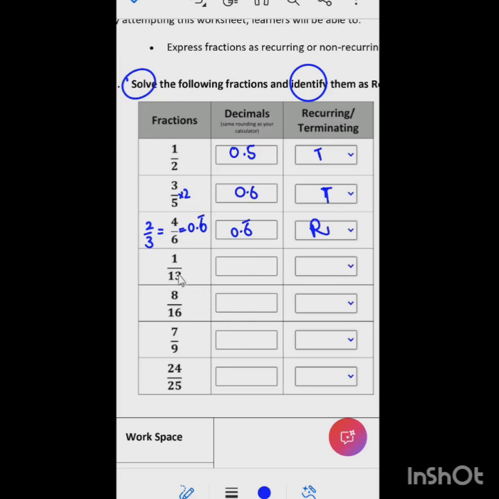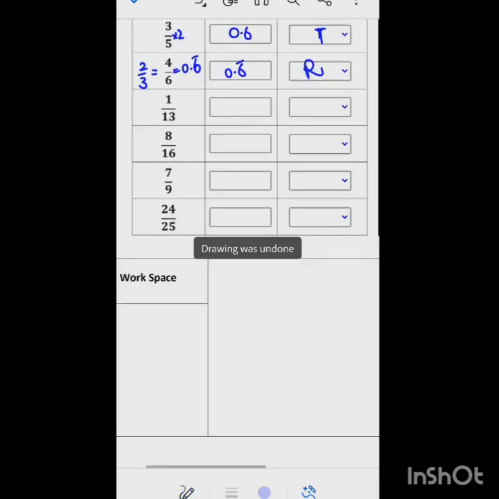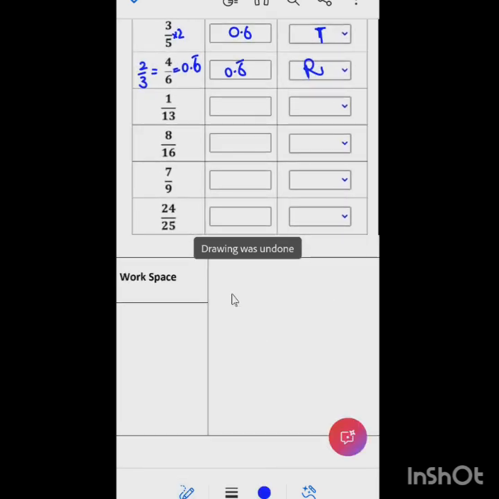Recurring decimal. What is 1 by 13? Let's solve it. We will put 1 inside and divide by 13. If I put a decimal, this will become 10, but 10 is not enough, so I need another 0 and this will become 100.